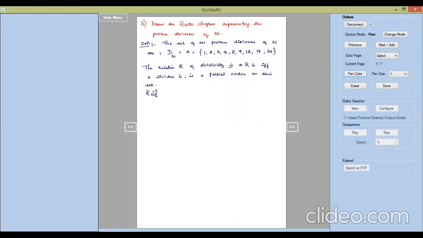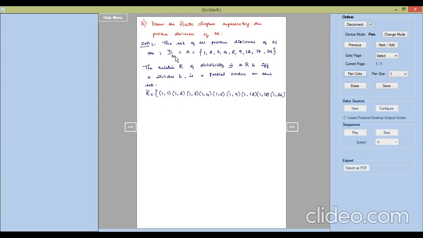So firstly (1,1), (1,2), (1,3), (1,4), and then (1,6), (1,9), (1,12), (1,18), and (1,36). With 1, I have written all the elements from the set D36, that is the positive divisors of 36.